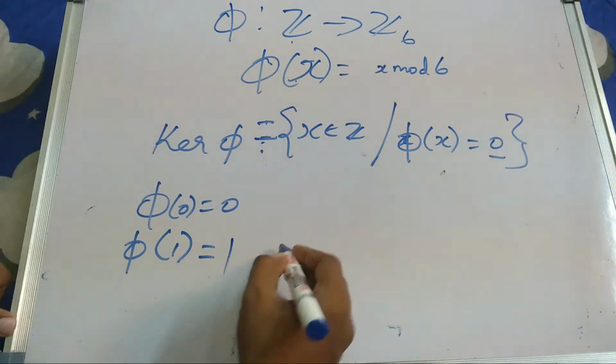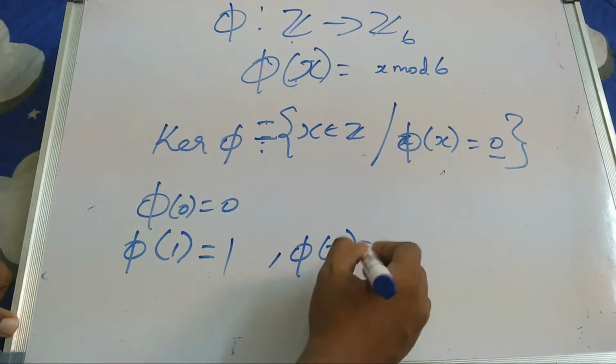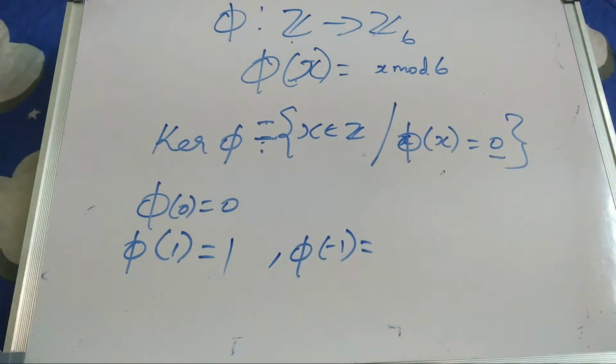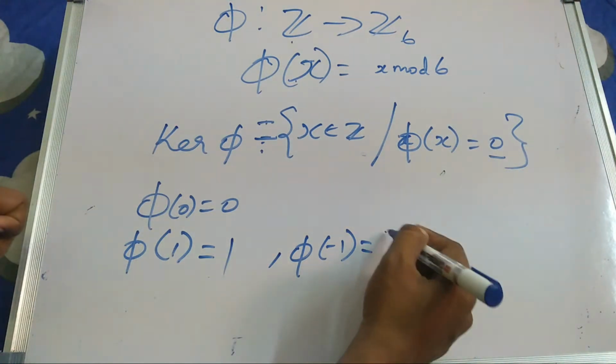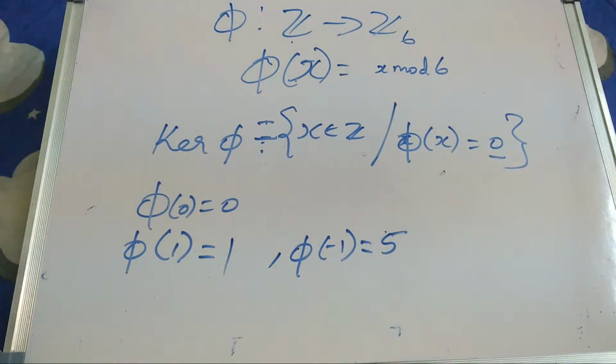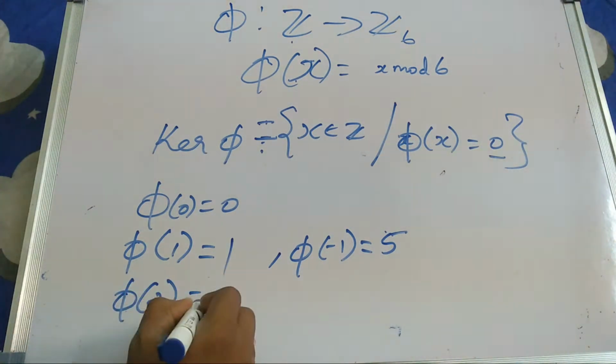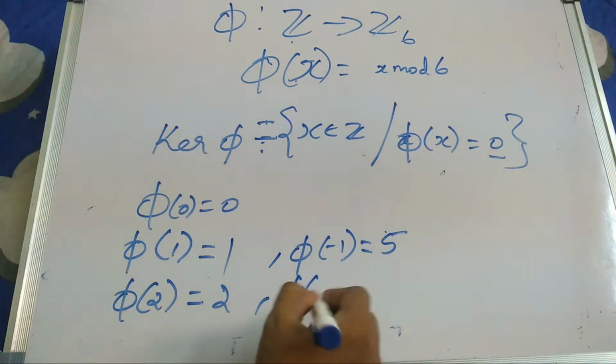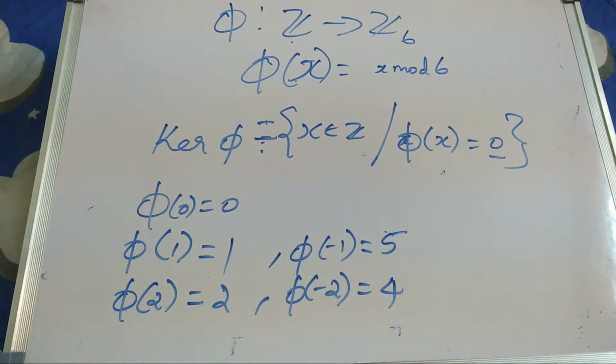So phi of 1 is 1 and phi of minus 1 is, you need to read minus 1 with respect to mod 6. So it is going to be 5. Minus 1 is congruent to 5 mod 6, try to use that fact. Okay. So phi of 2 is 2 and phi of minus 2 is 4.